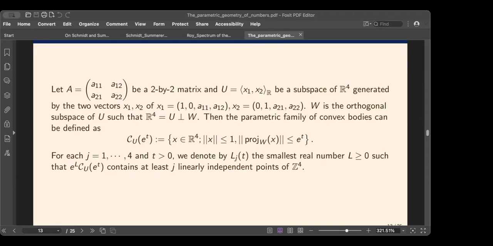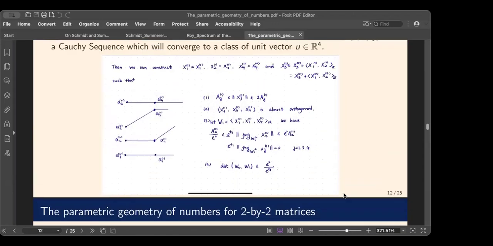It looks the same as the previous one, because in the previous one, the second part is the norm of U dot X less than or equal to e to the power of T. So in the two-dimensional case, we use the projection function. So here is the definition of convex bodies, and so it's natural to define the L_i function with respect to this convex body.